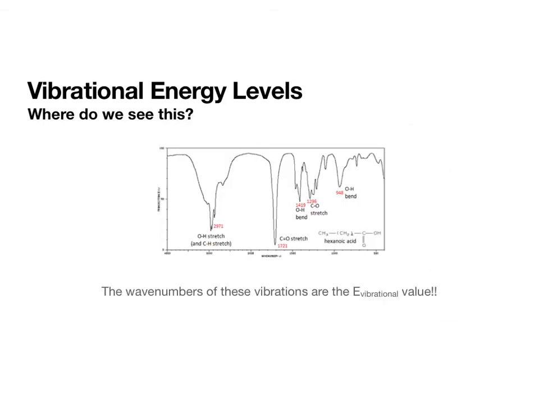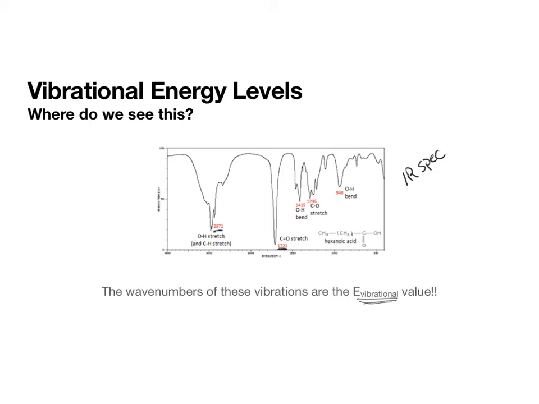Where do we see this? This is infrared spectroscopy. The wave numbers, the energies of these motions, are the E vibrational value. So our OH stretch has a vibrational energy.